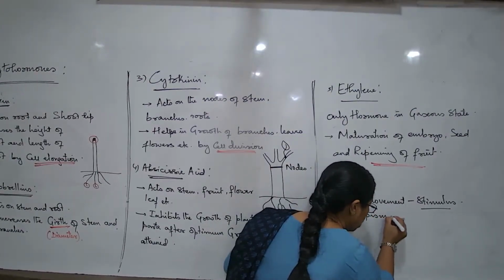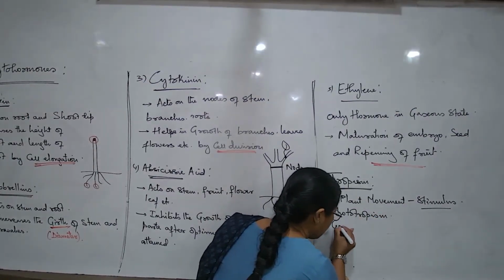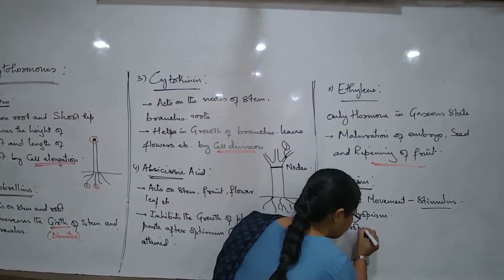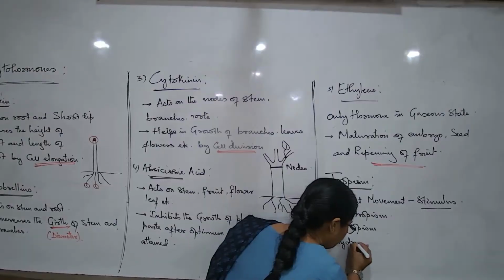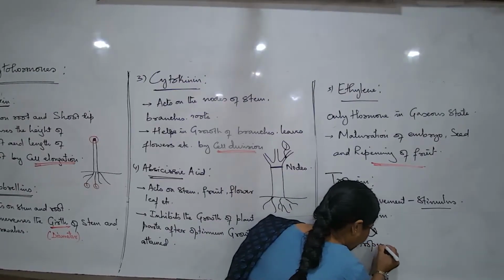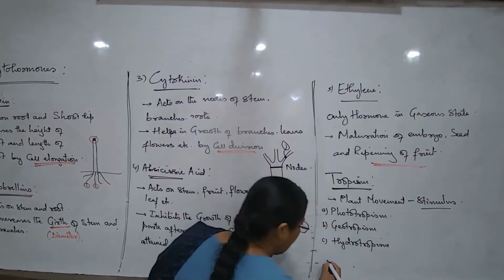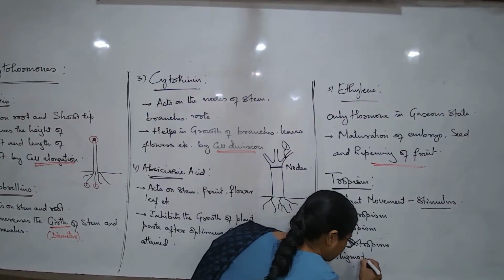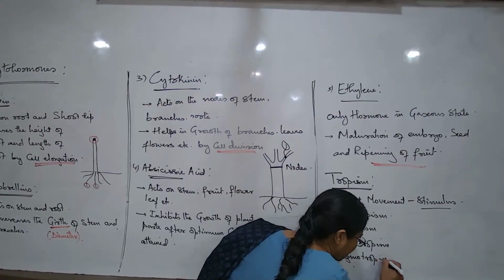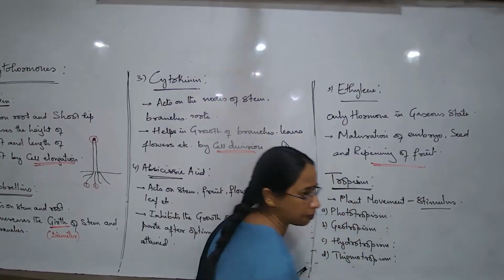Second is geotropism. Third is hydrotropism. And then fourth is thigmotropism. So these are the basic tropic movements.